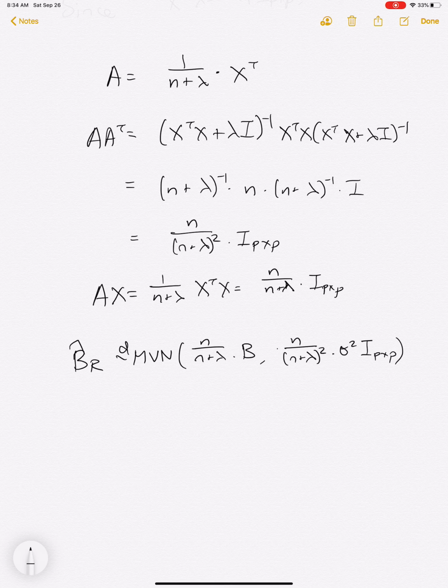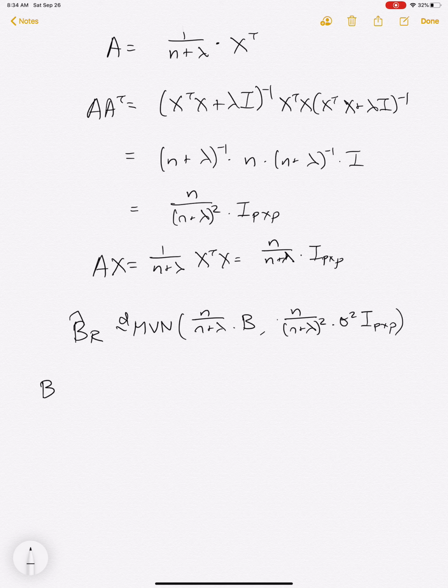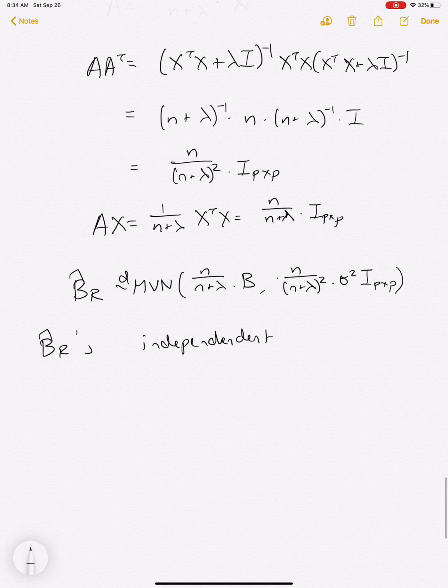So we actually have the beta hat R's. The B hat R's are actually independent, since the covariance is a constant multiplied by the identity.